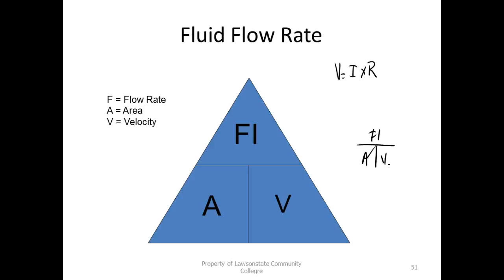So what's nice about these little three-term equations is you don't have to know how to multiply. So in algebra, how do you learn how to transpose equations? Whatever you do on one side, you do the other, right? So what we learned here is that if you got a three-term equation, you can just put it in this little triangle or this little wheel, and you just cover up what you want to solve for. It makes transposing the equation really easy.